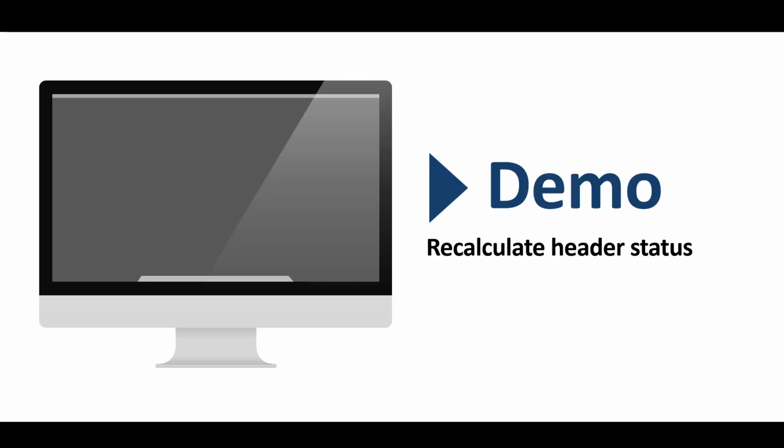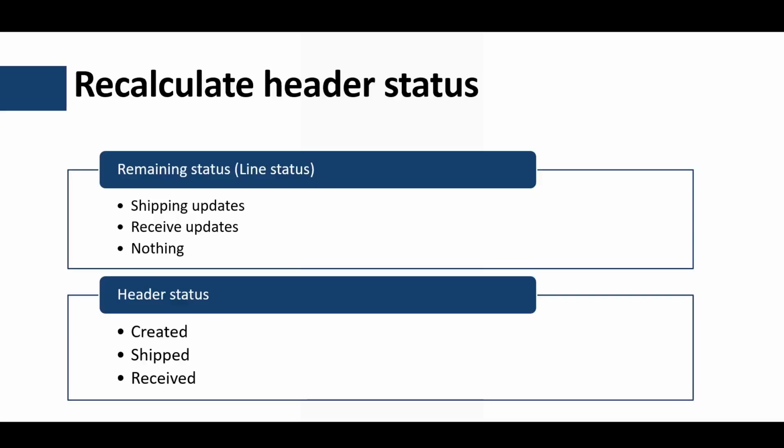Now let's review the third option, recalculate header status. This option is used to correct the transfer order status based on the transfer line status. Each line could be in three statuses. The first one, shipping, updates until the line is fully shipped. Then receiving updates until the line is fully received.